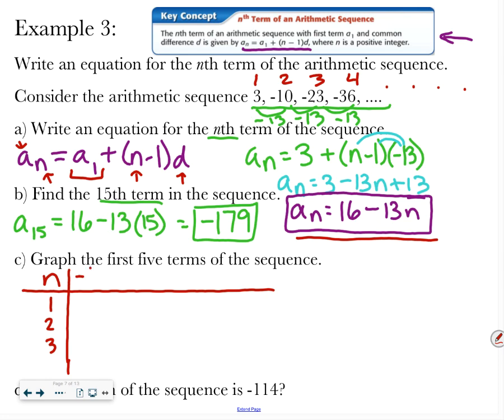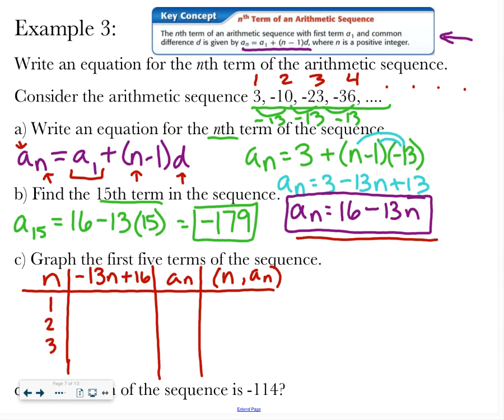I'm going to put my equation here. And then I use a sub n, so whatever the value of that term is, and then I write an ordered pair over here, and then I plot those points.